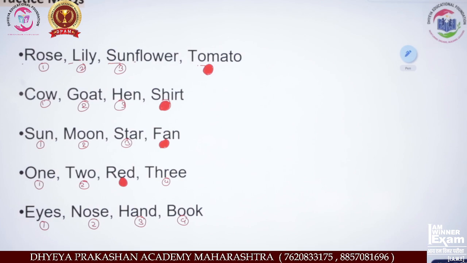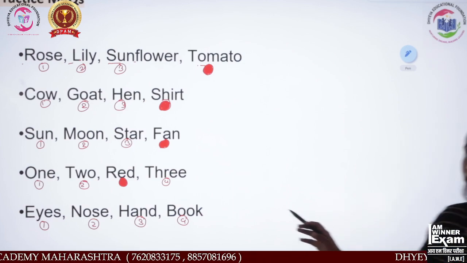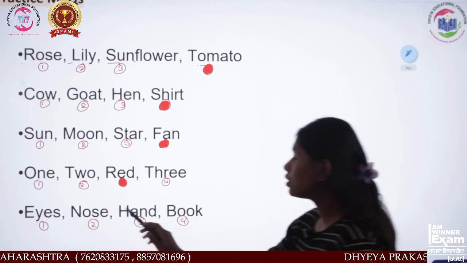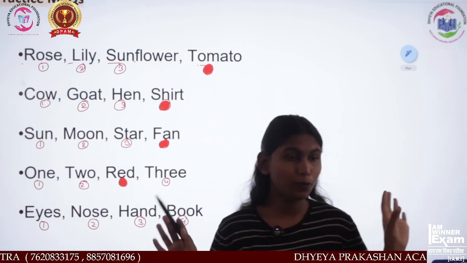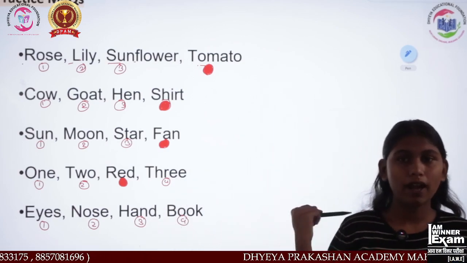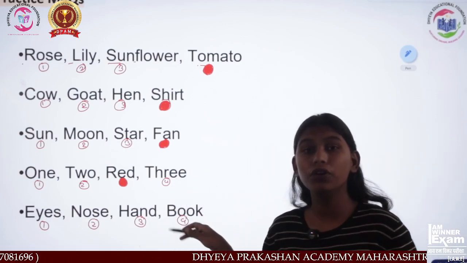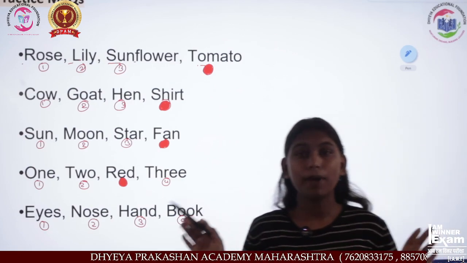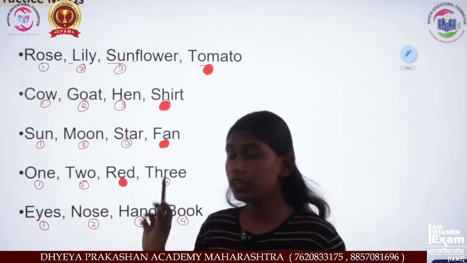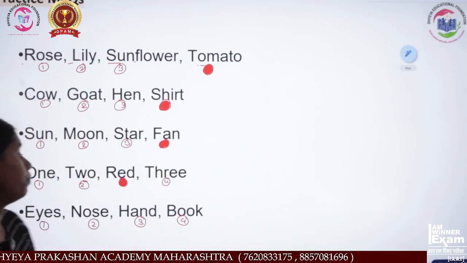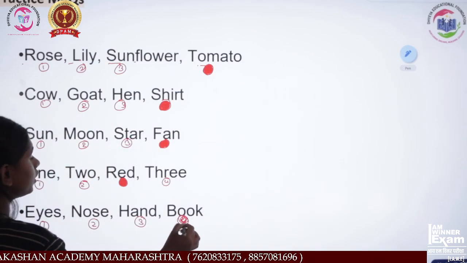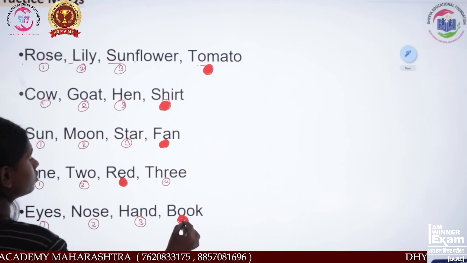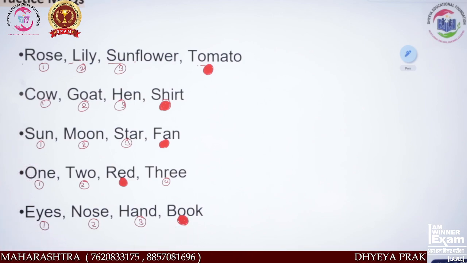If you see in this question, eyes, nose and hand are parts of the body, but book is not a part of the body, right? So which is different here? That is book, the fourth one. So coloring the book.